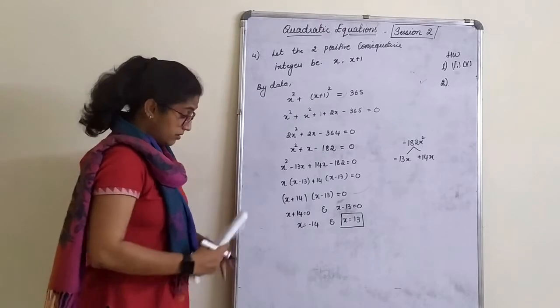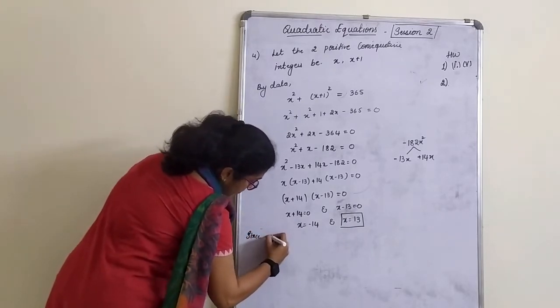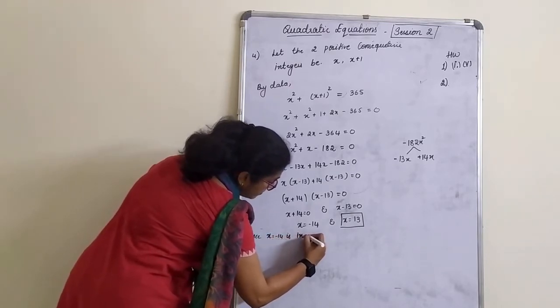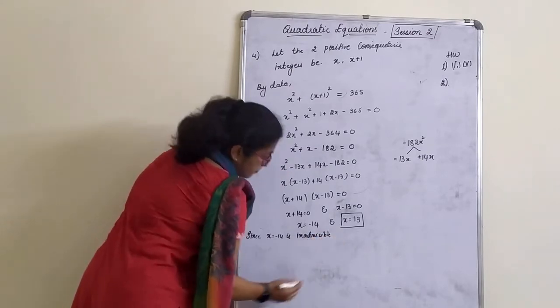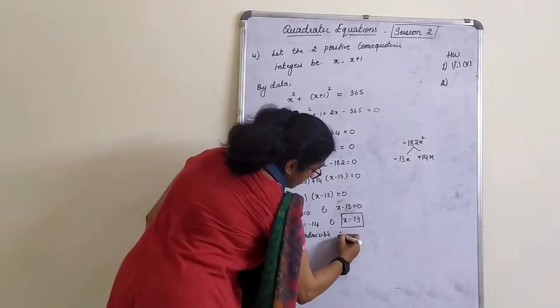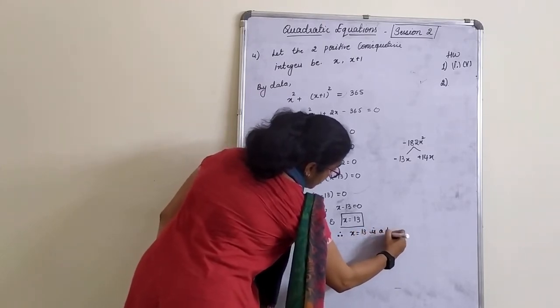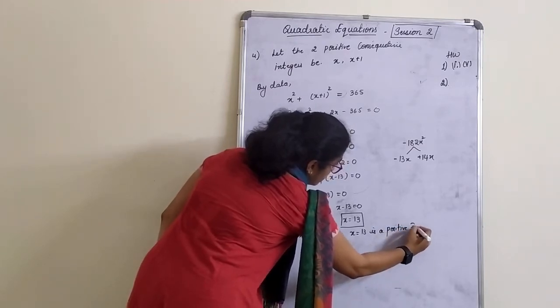You have to write here, since x is equal to minus 14 is inadmissible, therefore x is equal to 13 is a positive integer.